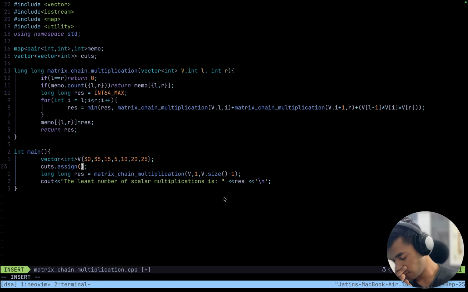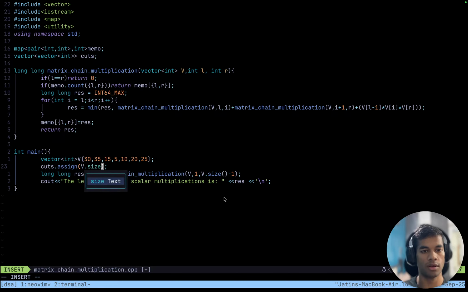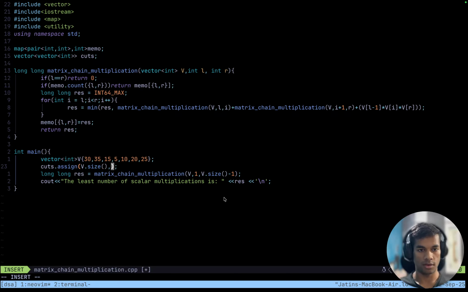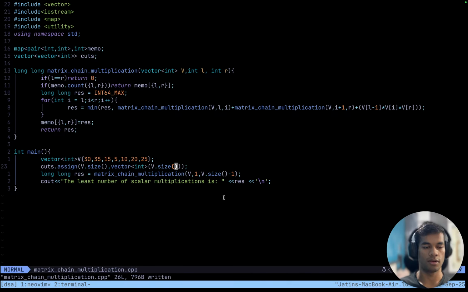The dimensions are going to be square, v size by v size, with a vector of integers whose size is v dot size.